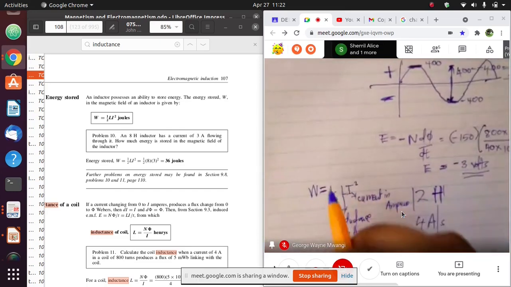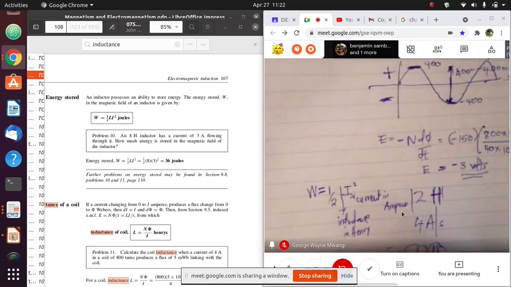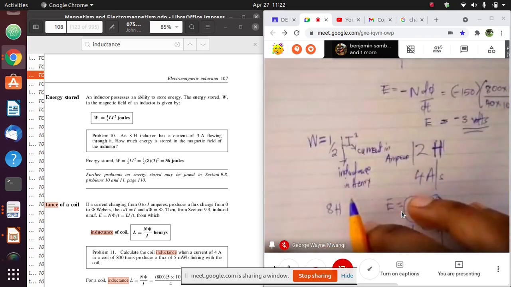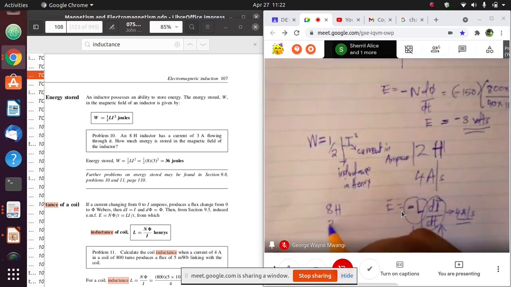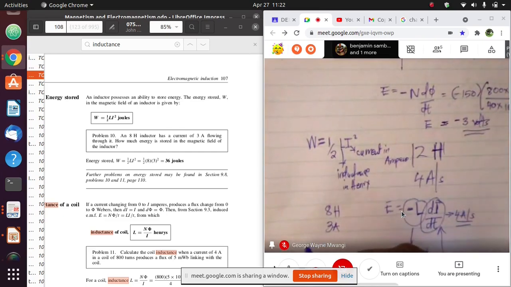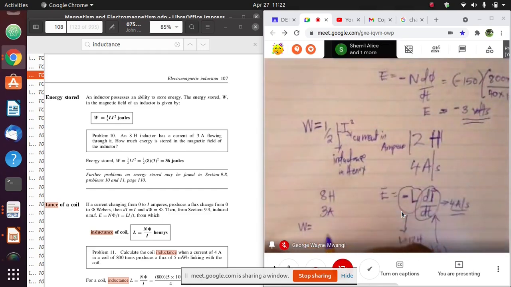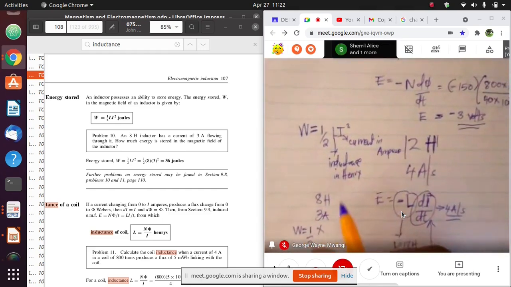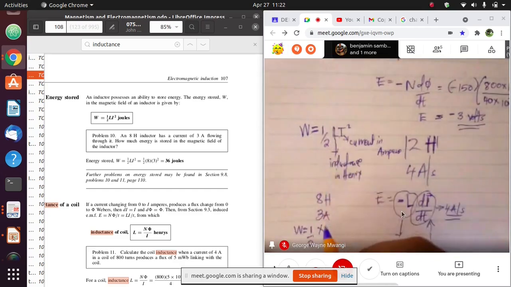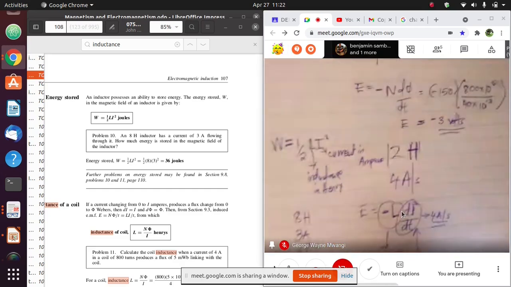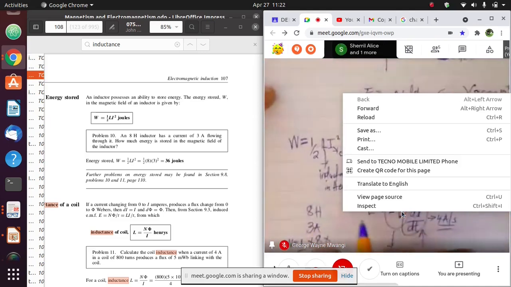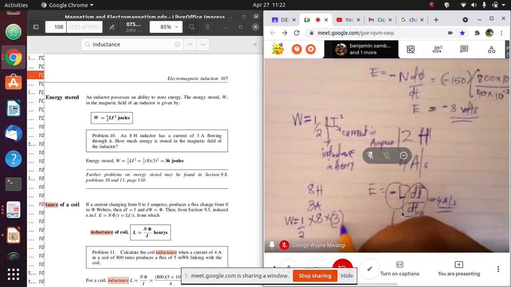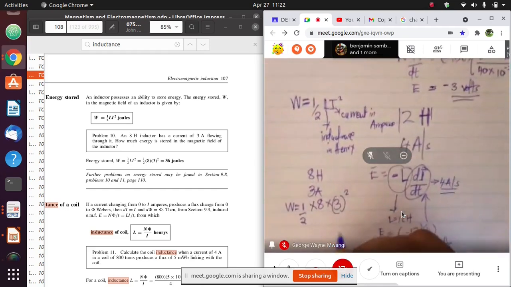Now we've been told that the value of the inductance is 8 henries, and the value of current flowing through that inductor is 3 amperes. So what will be the energy stored in that magnetic field produced by the inductor? It will be a half times L, the value is 8 henries, times the value of the current flowing through that inductor, which is 3 amperes. But you square that value of current. So what do you get?